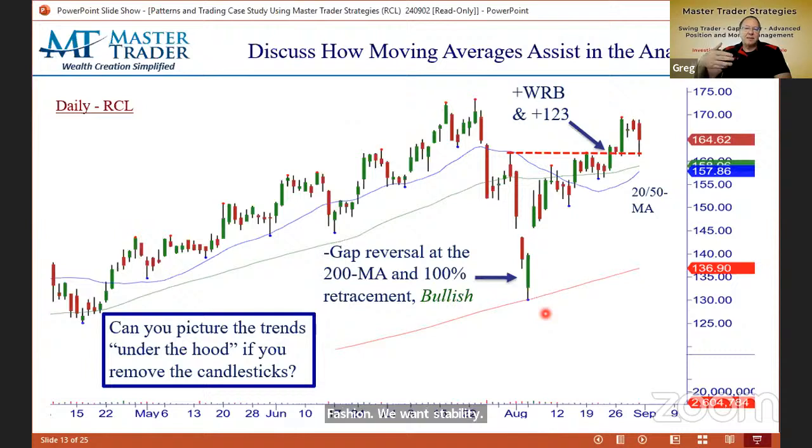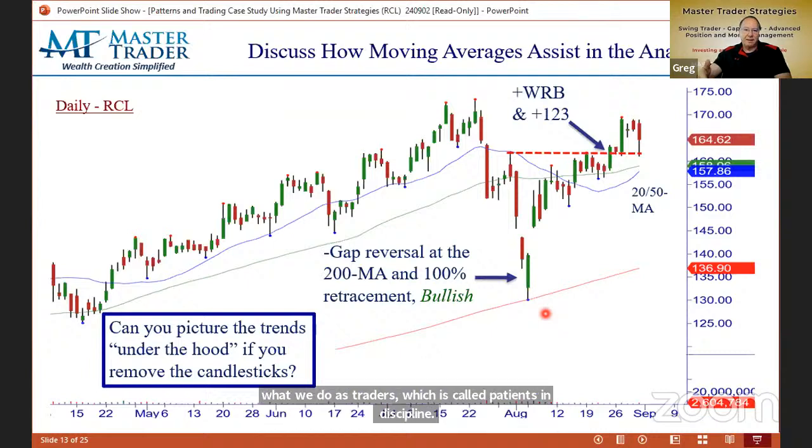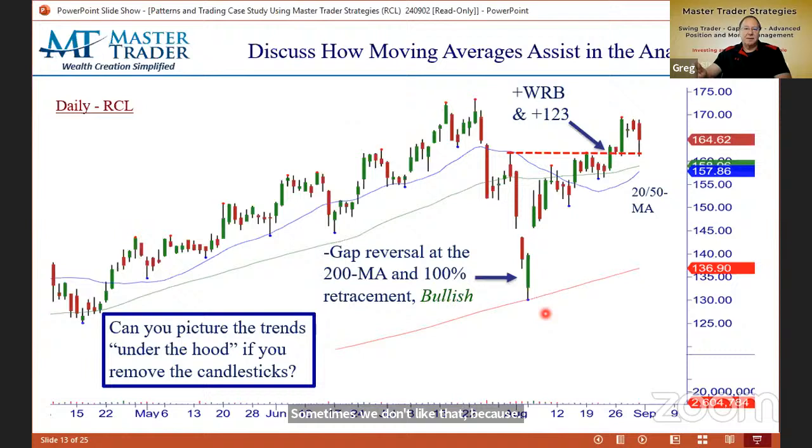And we have to bring that stability to what we do as traders, which is called patience and discipline, to apply our trading plan. Sometimes we don't like that because things aren't happening the way we want them to happen. So it's just adding a little bit of insight as to what you're going to deal with and what could be a hurdle. And if you internalize what I'm telling you, things will get a lot easier.